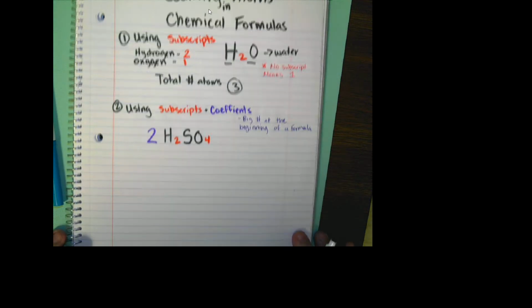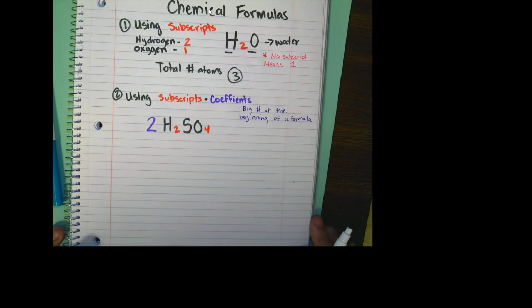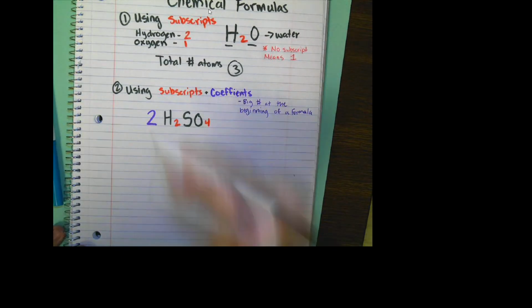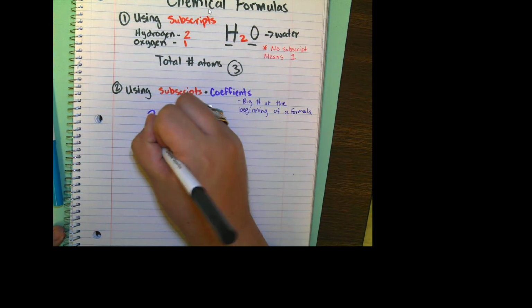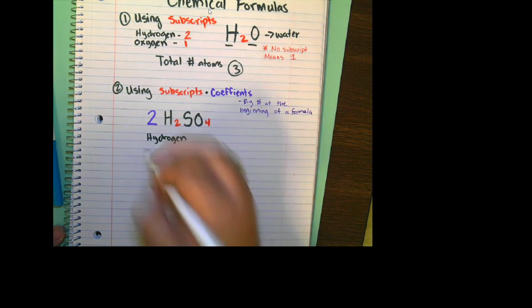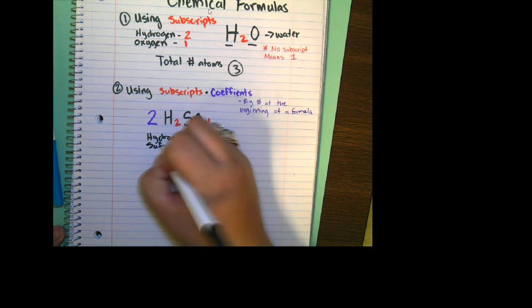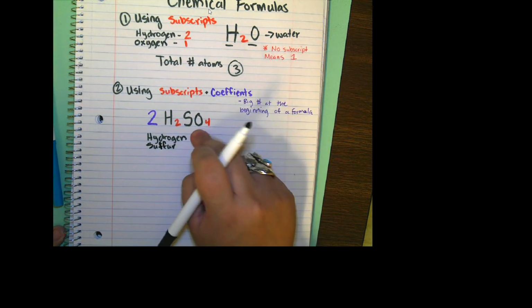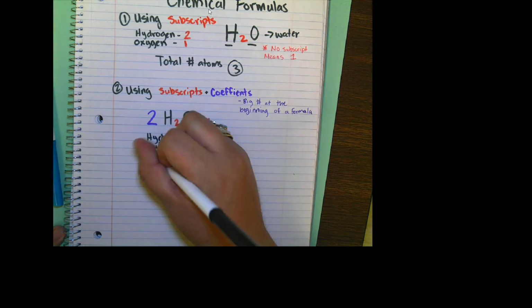As I stated in the first example, I like to write out the different elements that I see. I have a big H, which means I have hydrogen. I have an S for sulfur. And since there's a capital O behind it, that is oxygen.